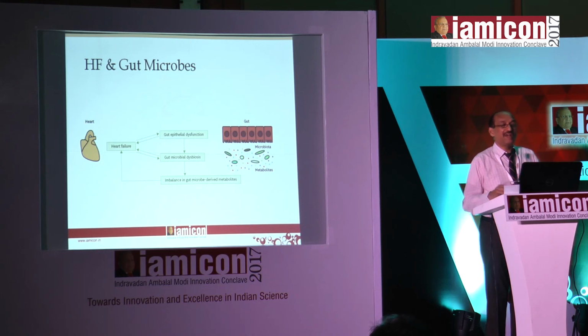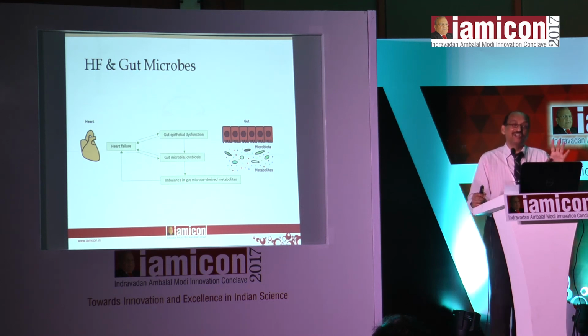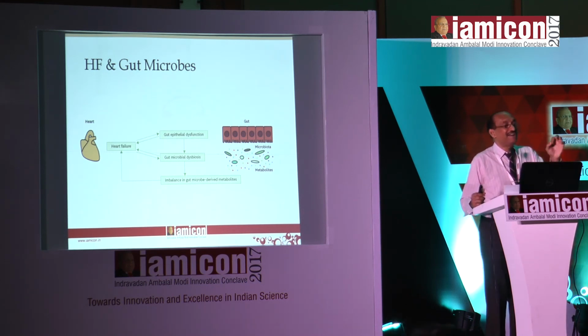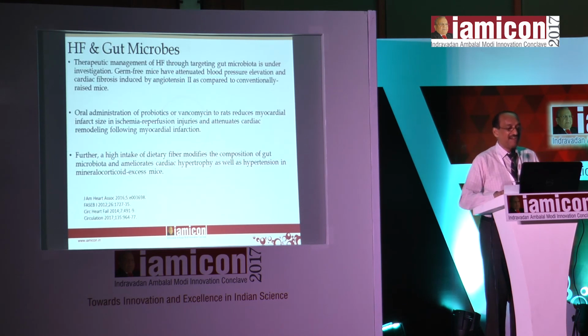What happens is, if there is heart failure, there is venous congestion, and portal venous congestion can also be there if there is stasis in the liver, and the tight junctions of the epithelial barrier of the intestine become loose, so the bacterial antigens can be taken up into the submucosa where they are exposed to our inflammatory cells, the antigen presenting cells and the T cells and the B cells, which triggers chronic inflammation. So heart failure can also produce dysbiosis, and can produce a lot of problems by way of gut microbiota.